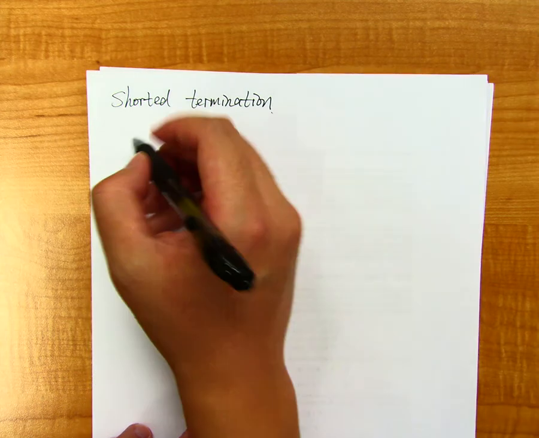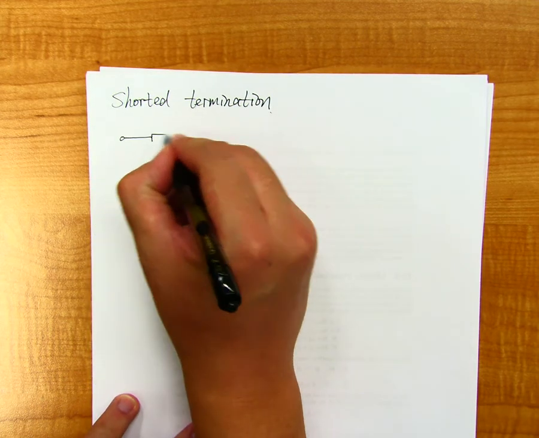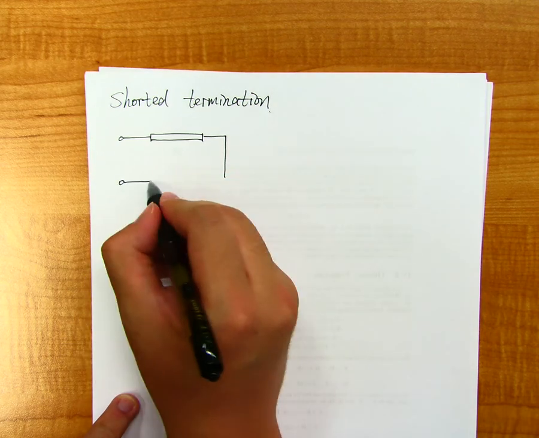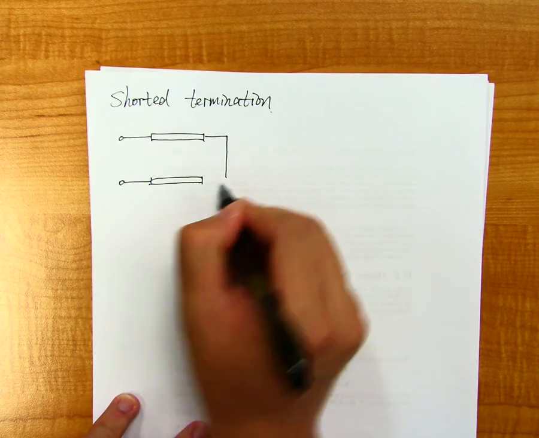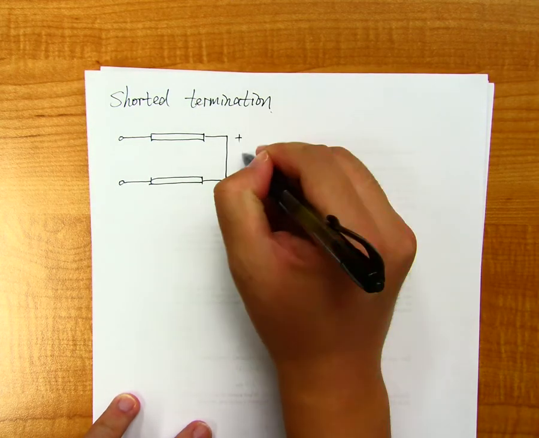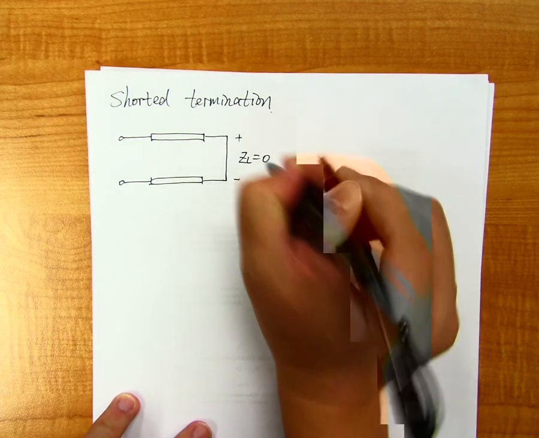Okay, so the transmission line is terminated by a short circuit like this. This is ZL equals 0.